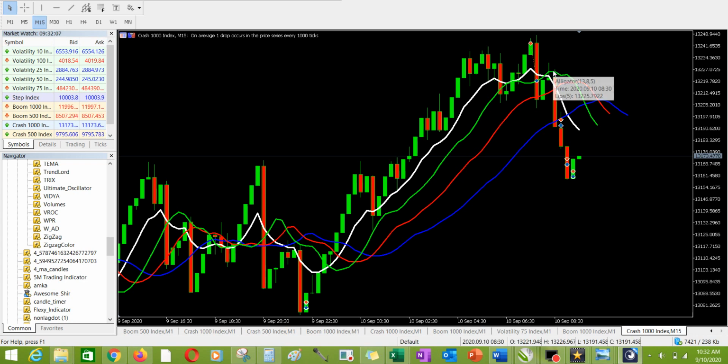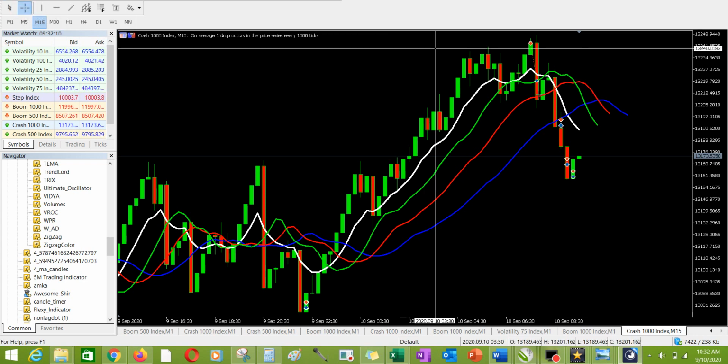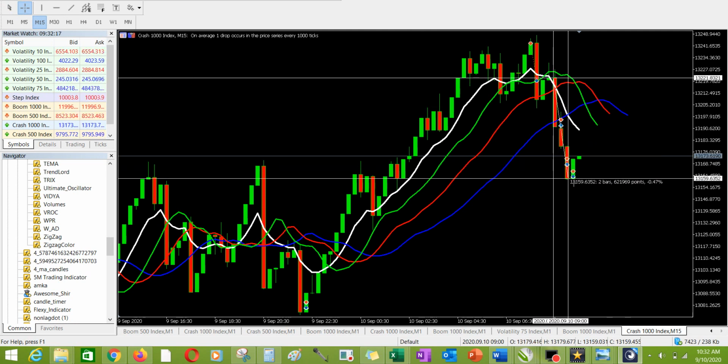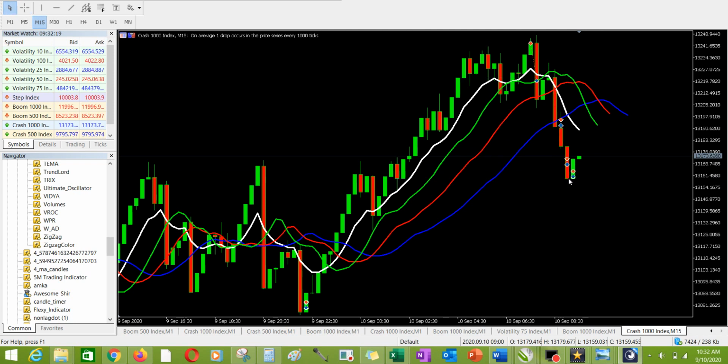Can you imagine coming in at this point where it broke out fully and being in the market to this level? This is 3 candles, that is, I just counted 3 candles being in the market selling for 45 minutes. The same thing is applicable to Boom.